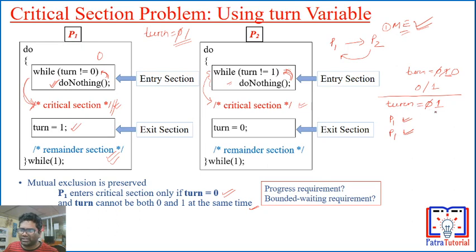Now the value of turn is 1. P1 will start here and check: while turn is not equal to 0. Yes, because turn is 1 right now.